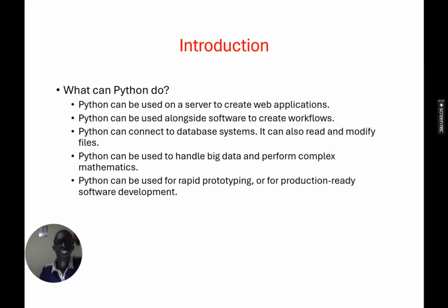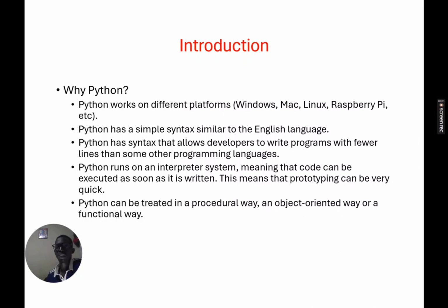So Python generally is used for many purposes. Python can work on different platforms such as Windows, Mac, Linux, and so many. So Python has a simple syntax, similar to the English language. So it has a syntax that allows developers to write programs with fewer lines than some other programming languages.